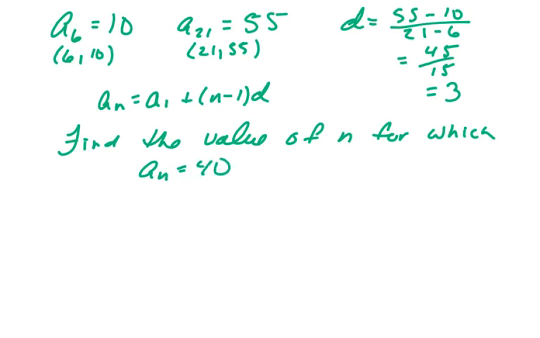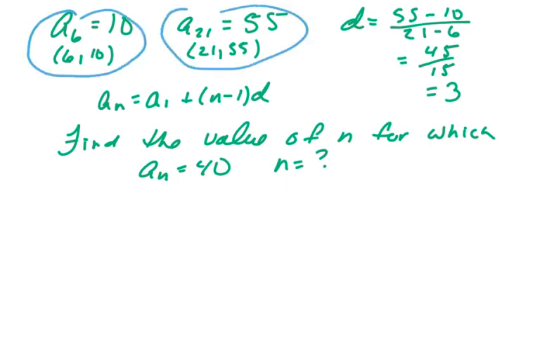So we have to solve for n, but to do that, we're also going to have to write the rule for the arithmetic sequence. And to do that, we're going to have to solve for a sub 1. So we can use either 6, 10 or 21, 55 in this equation to solve for a sub 1 like we did in a previous example. I'm going to use 6, 10.